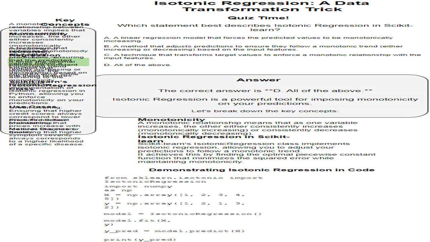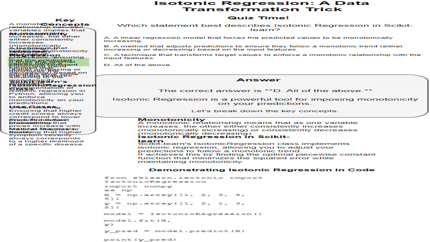The code snippet below demonstrates isotonic regression using scikit-learn's IsotonicRegression class. Python. From sklearn.isotonic import IsotonicRegression. Import numpy as np.